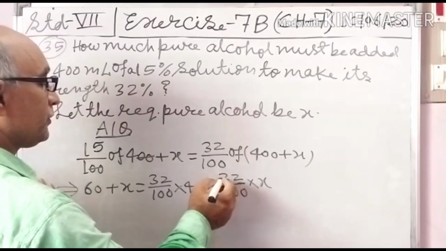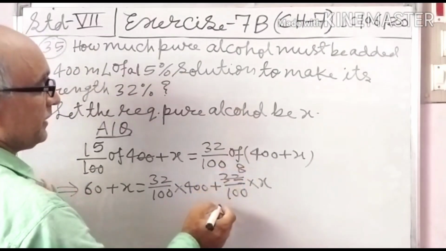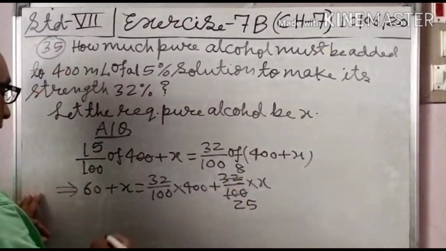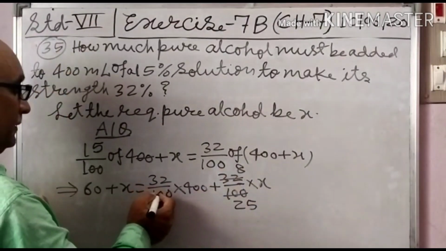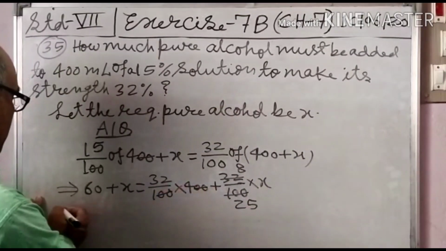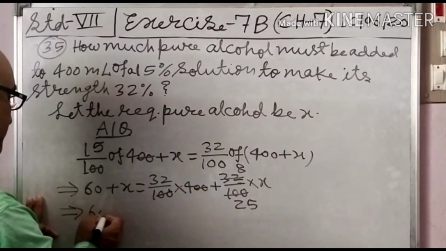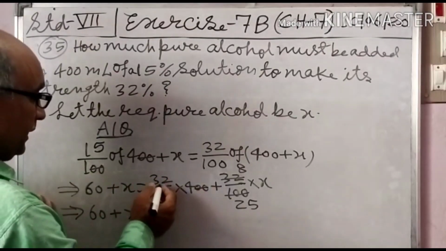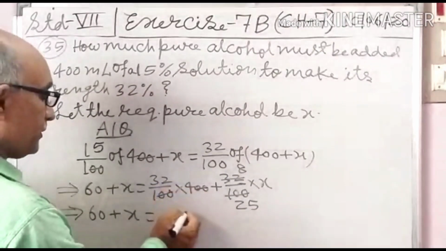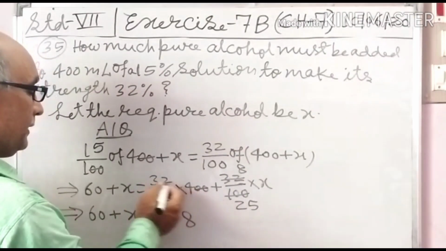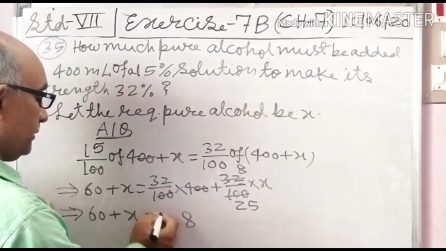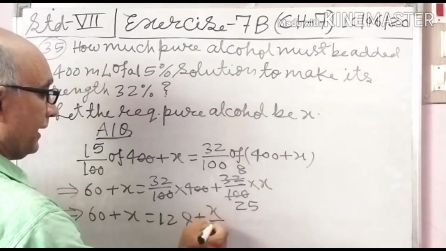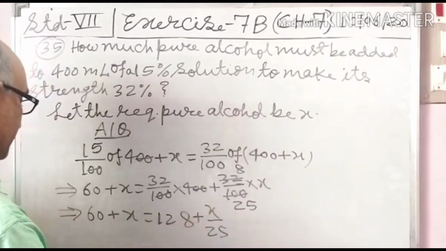So 4 4s are 16, 32 and 25 4s are 100. Here 00 to 00. Now change it. 60 plus x equal to 32 4s are 128, plus x by 25.